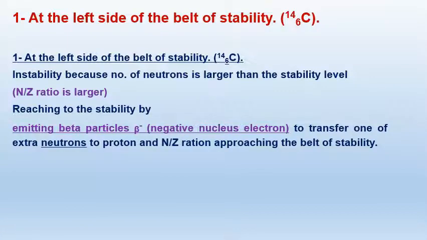To transform one extra neutron, as they have a large number of neutrons, into a proton. Then the ratio between neutrons and protons approaches the belt of stability. By this way they approach the belt of stability, and then they tend to be stable. Okay?